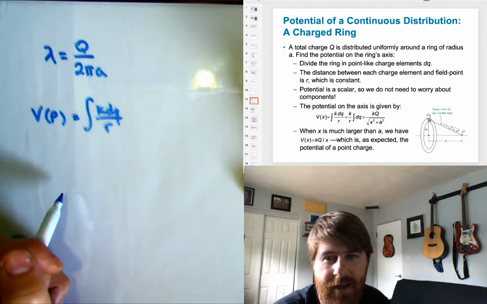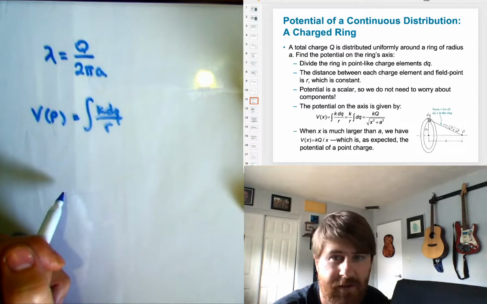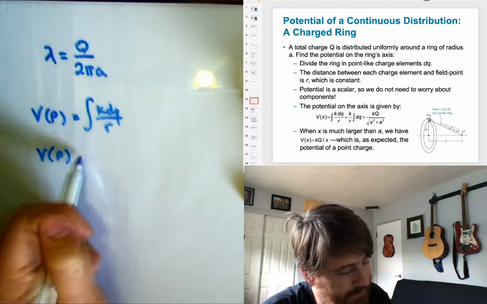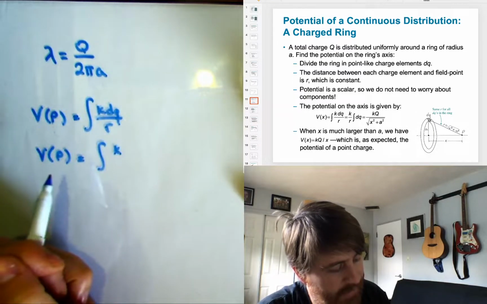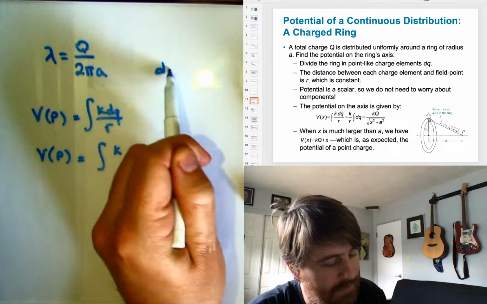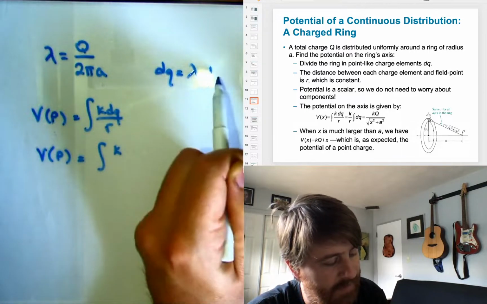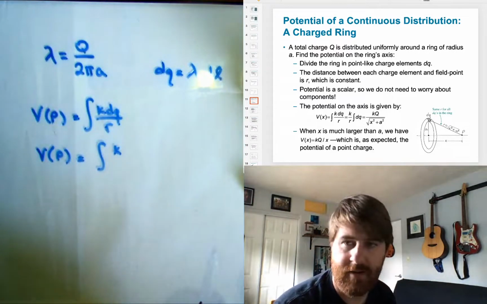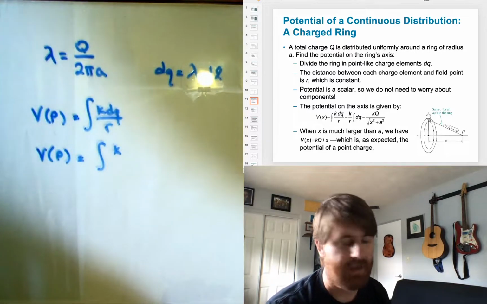As you can see in the diagram on the slide, R is the square root of x squared plus a squared. So V at point P is the integral of K dq, where dq is lambda times dl, where dl is the length across the charge element dq.